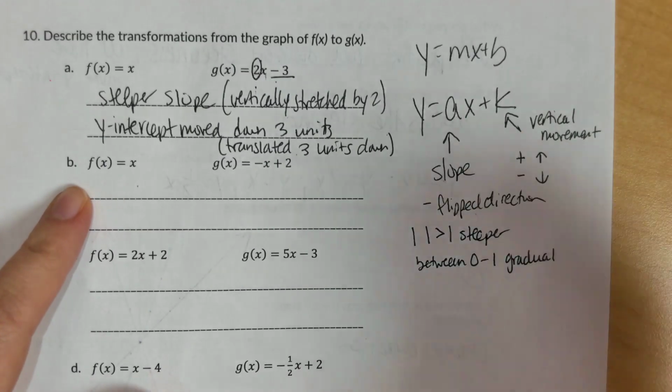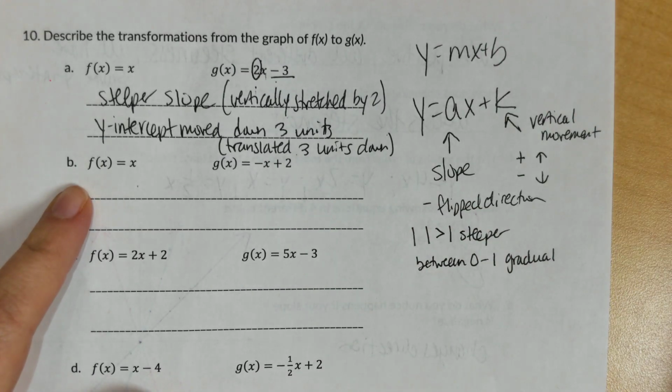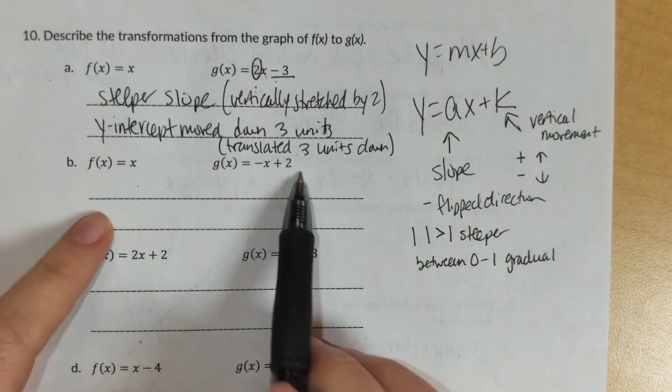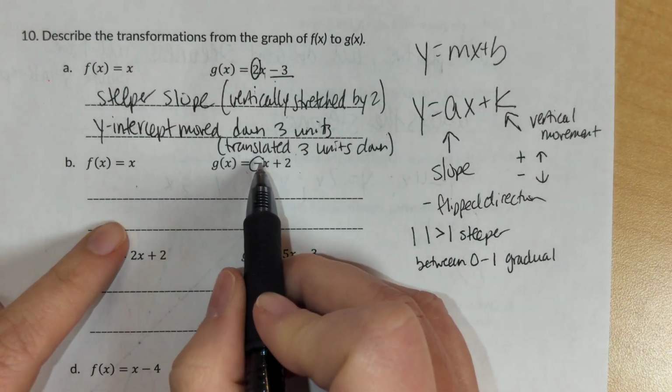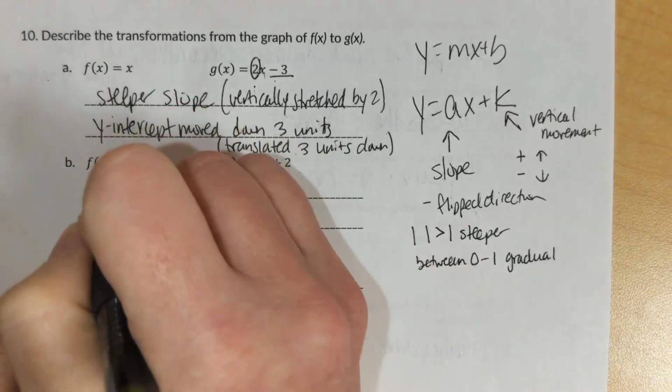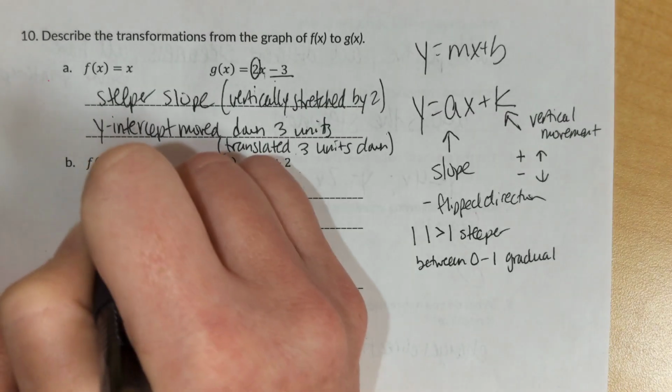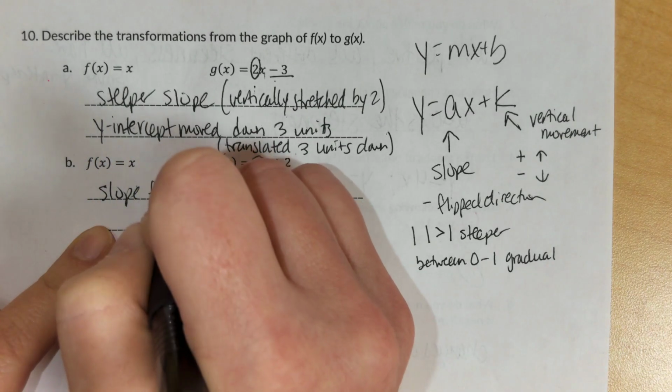Okay, so now let's look from the parent function here to this y equals negative x plus 2. So notice it's a negative 1 slope. So the steepness hasn't changed, but the slope has flipped direction.